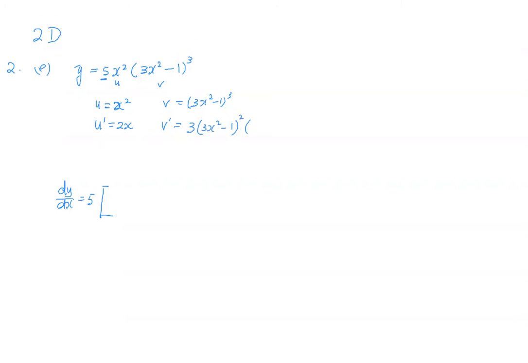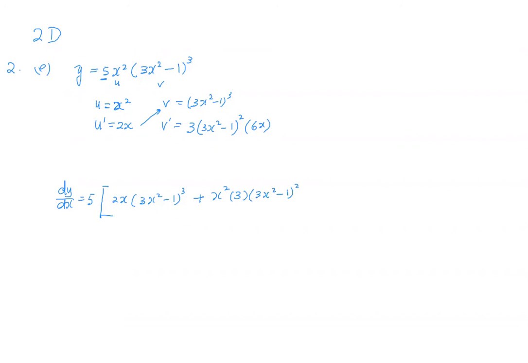Yeah, 6x. 3 times 2 is 6, so 6x. Okay, then I sub into the formula, this one and this one. So 2x, 3x squared minus 1 cube plus x squared times 3, 3x squared minus 1 squared.